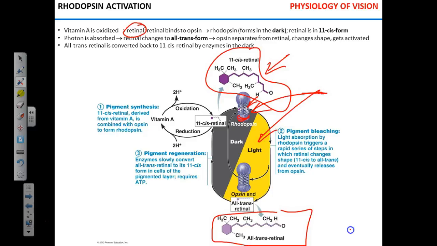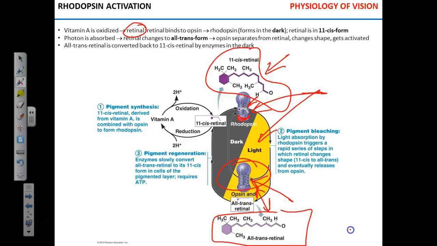When retinol is changed to all-trans, it dissociates from opsin. So you see they are separated. And that initiates the signaling. So opsin, when all-trans retinol is away from it, changes its conformation. It changes its shape. Does that make sense?